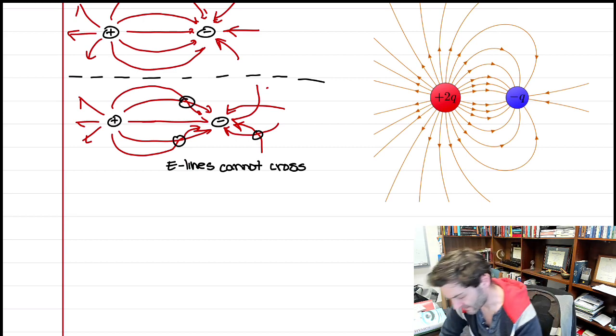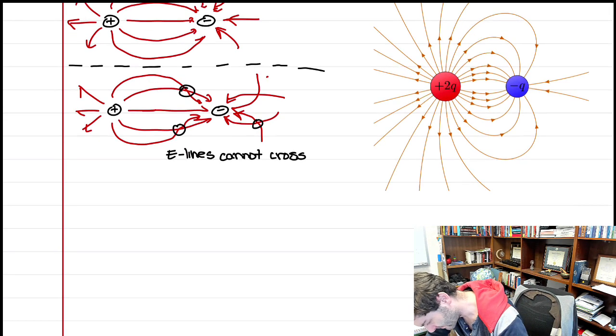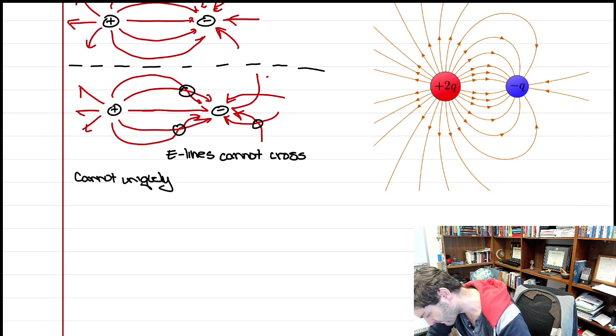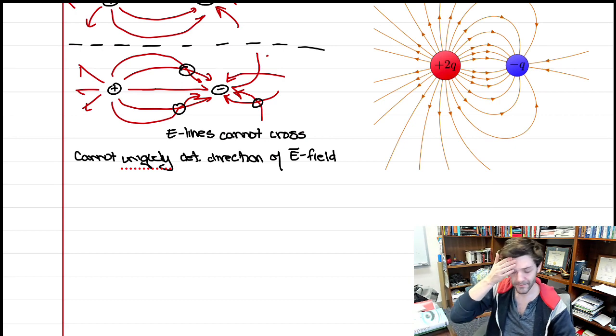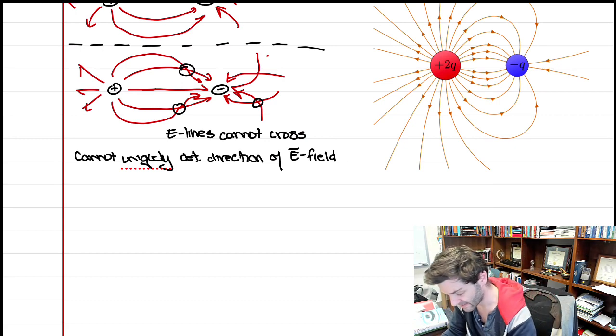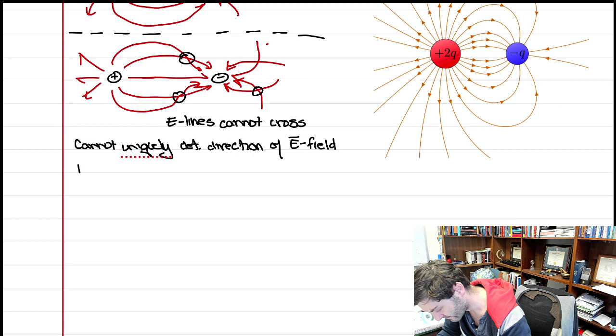Because if they do cross, you cannot uniquely determine the direction of the electric field.